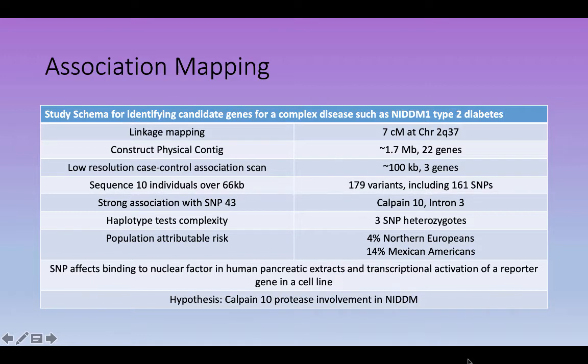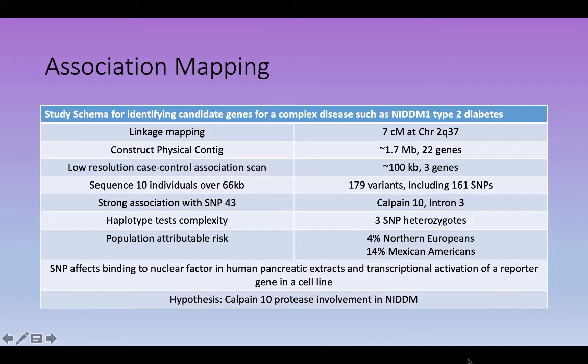Then we can sequence individuals over this 66 kb area and describe all the variants, all the SNPs that are there, and then ask which of those SNPs, not just which genes, are associated with the outcome. Here we find it's SNP 43, which is in calpain 10 intron 3.